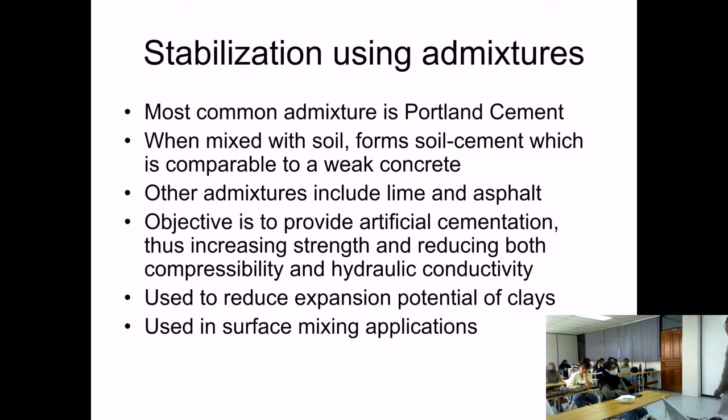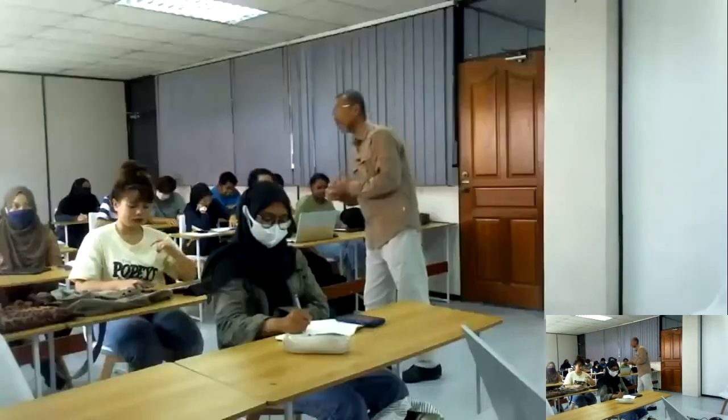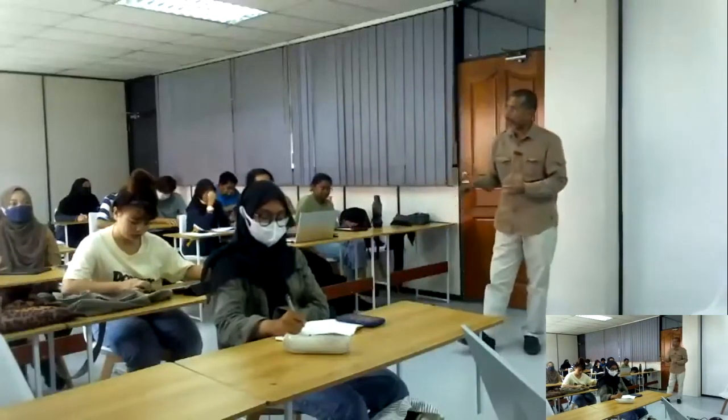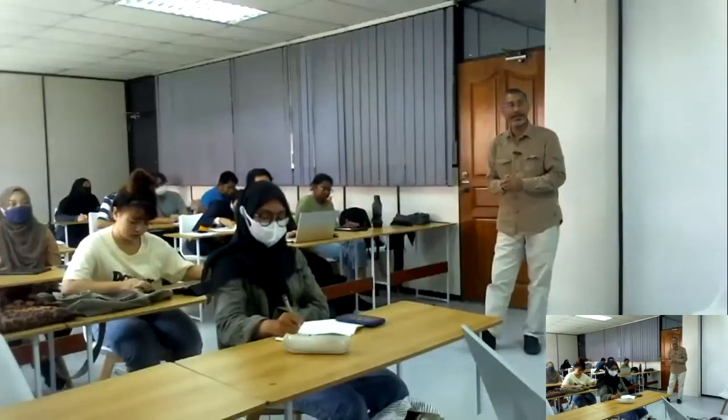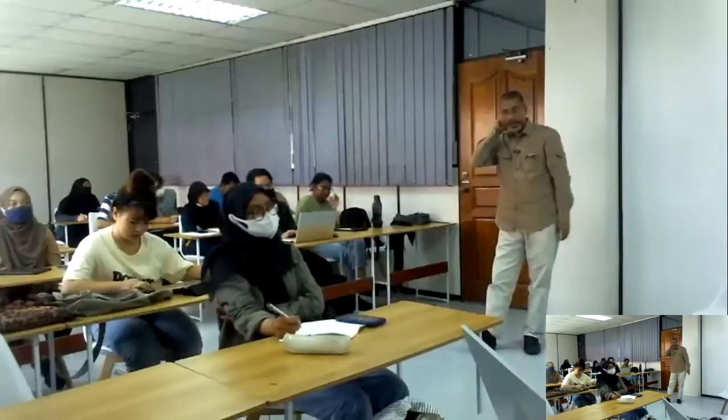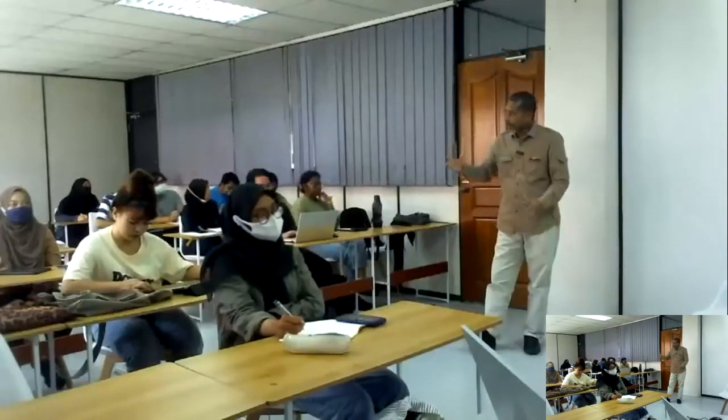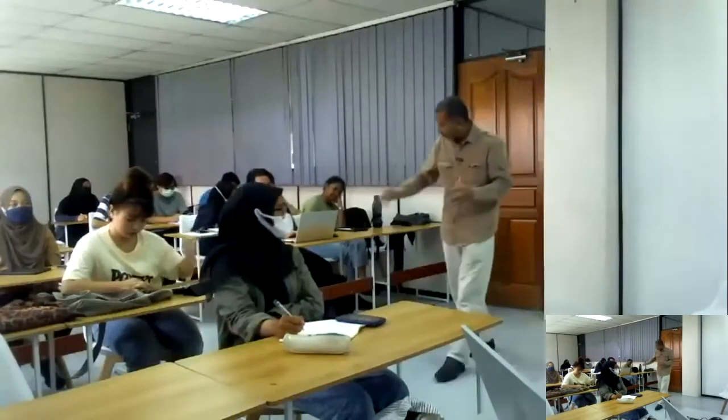Okay, last one is the admixture, meaning you mix the soil with certain kind of cemented material like Portland cement, or it can be a chemical material. Meaning you have a machine that goes on the surface of the soil.